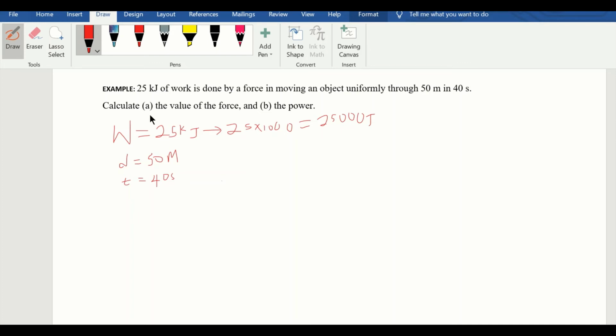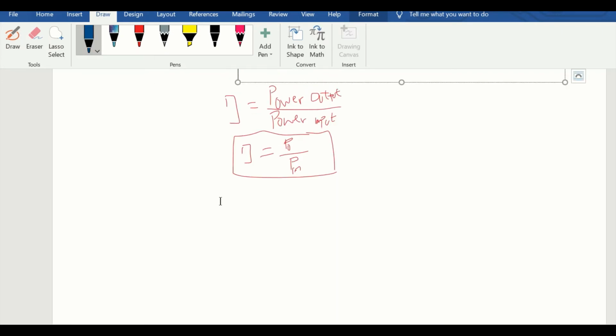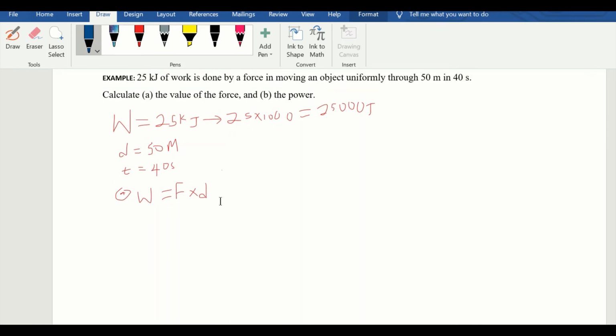To get the value of the force, F, I can use the formula: work is equal to the force times my distance. What next is to put in the values.